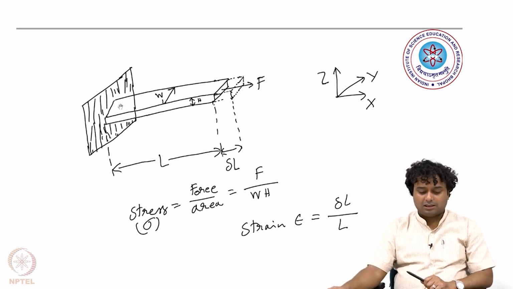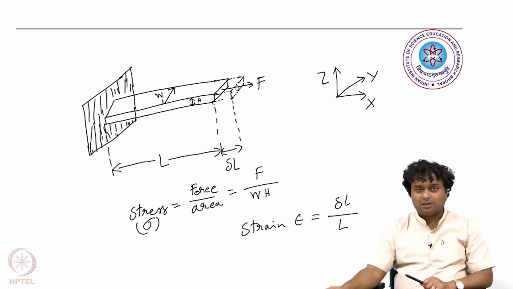Like for this structure, you can see that for the left hand side no motions are allowed, like x direction, y direction, z direction, no motion is allowed, and rotations are also not allowed, right. But for this end, all the motions are free, like x, y, z, it can move as well as it can rotate.